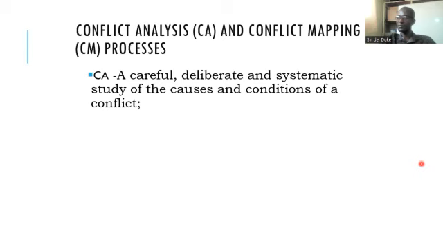This is a thorough research on a conflict, to find out what are the conditions favorable for that conflict to occur, to continue or to escalate. That is conflict analysis. Then the other term that we have is conflict mapping.